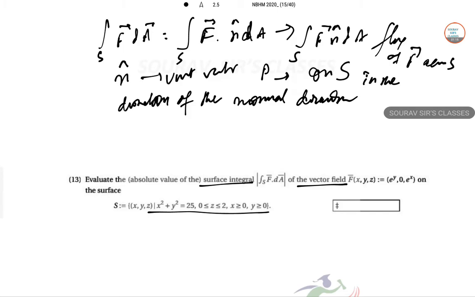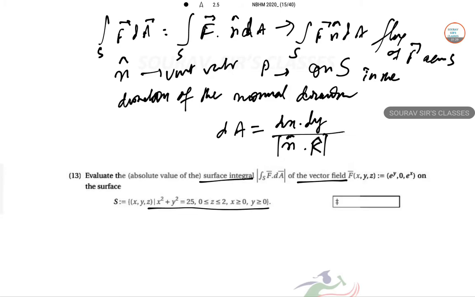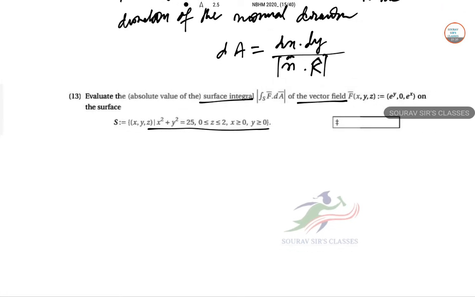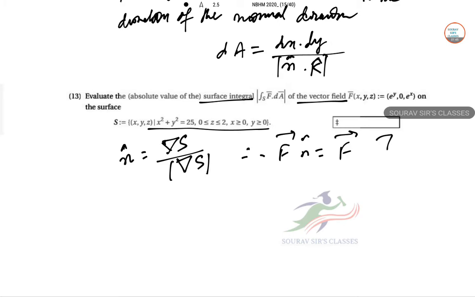Okay, so the projection of dA on the xy plane is given by dA is, so the unit vector in the direction of normal to the surface is given by, so F·n is this thing.